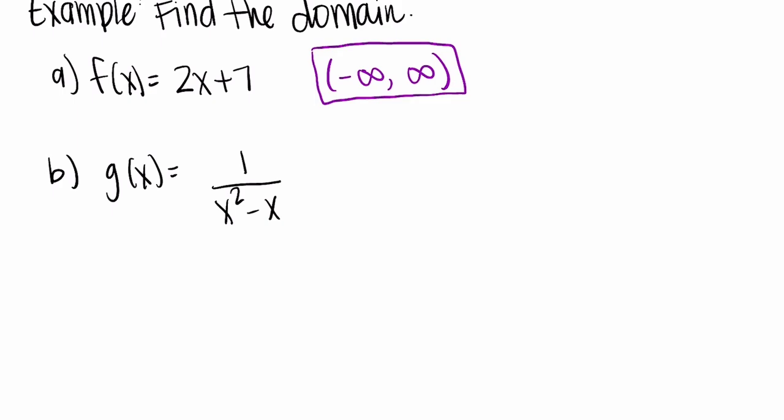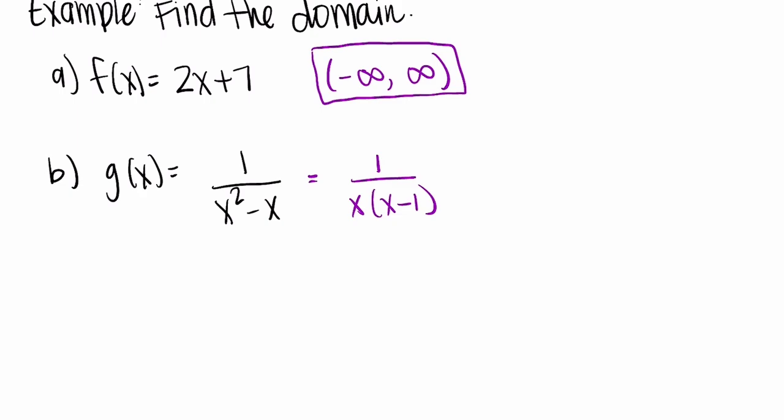If we think back to 1010, when we found our restrictions, or excluded values, or whatever we want to call them, that's basically what I'm going to look at here. So I'm going to factor this. This is x times x minus 1. What numbers do we know x cannot be equal to? What are my two restrictions on this function? 0 and 1.